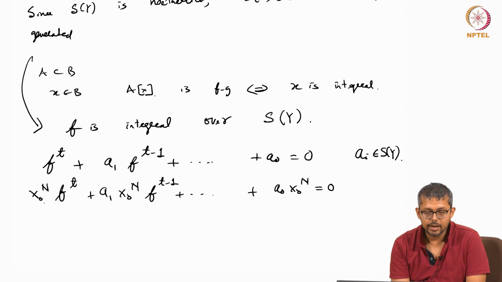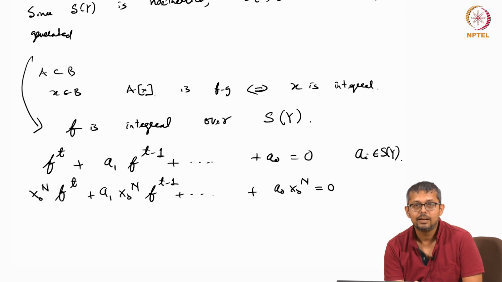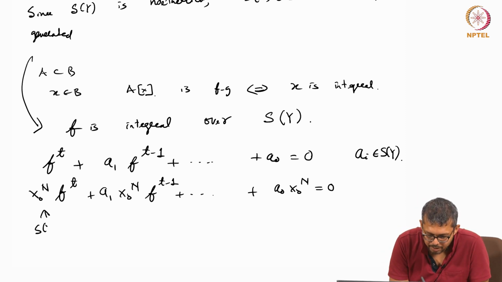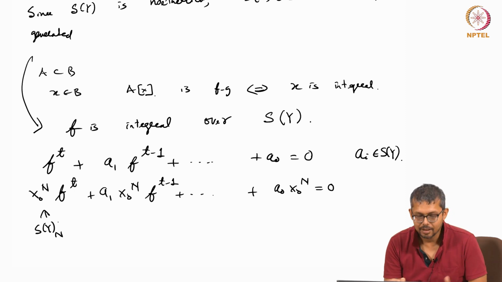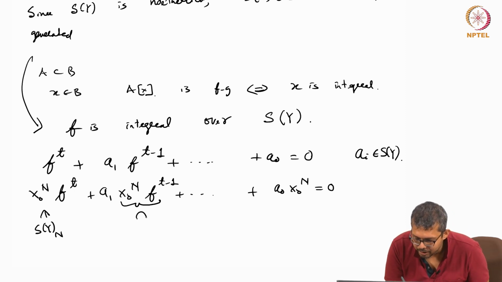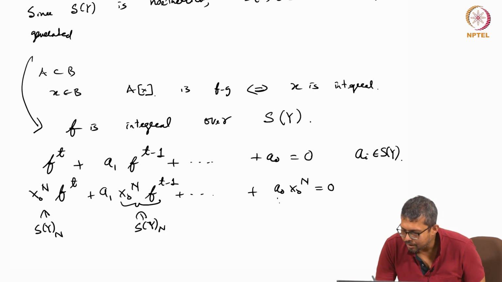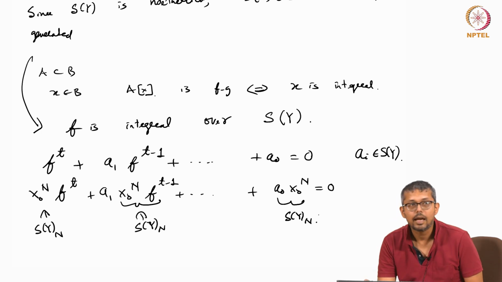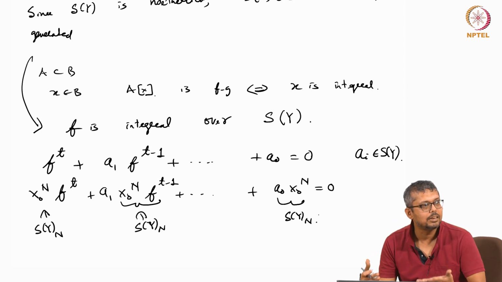Now you know the x naught power n f power t is in S_Y of n. Everything is in S_Y of n, the degree n part of S_Y. Right?